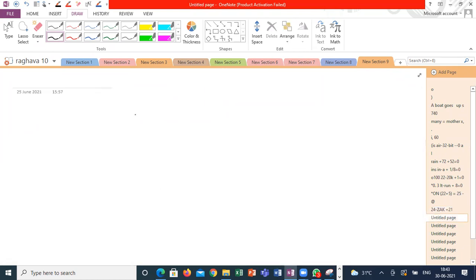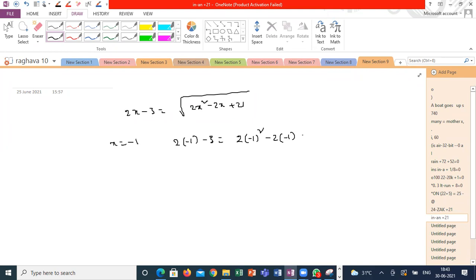If I take this question, 2x minus 3 is equal to the root of 2x square minus 2x plus 21. If I substitute x is equal to minus 1, 2 into minus 1 minus 3 is minus 5, and on the right side, the root of 2 plus 2 plus 21.